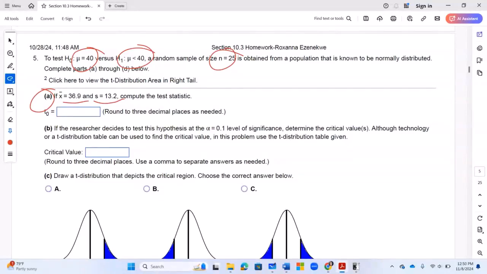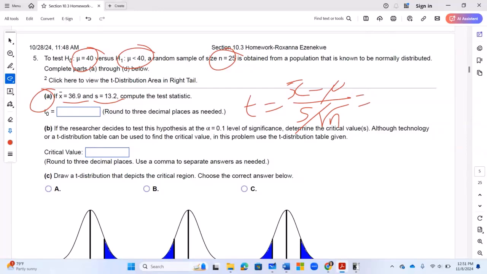All right, so all the time, they can start asking you questions from anywhere. First of all, they are asking you for the test statistic. So you want the test statistic t equal to x bar given to you minus the mean over the standard error for t.